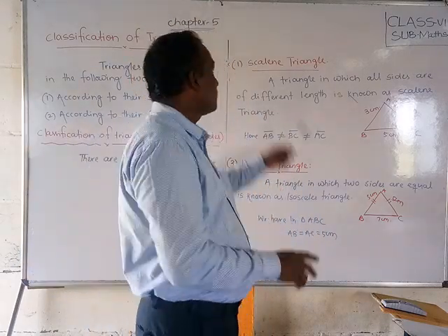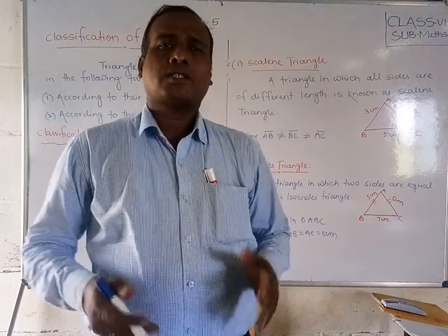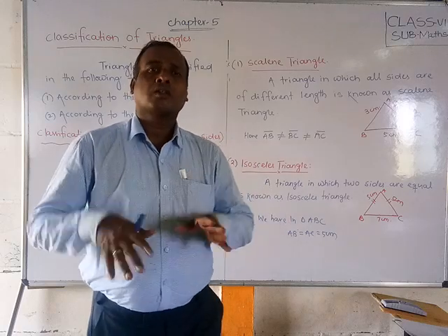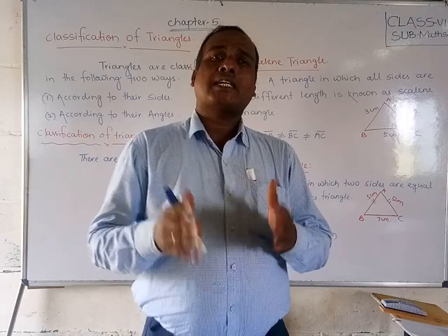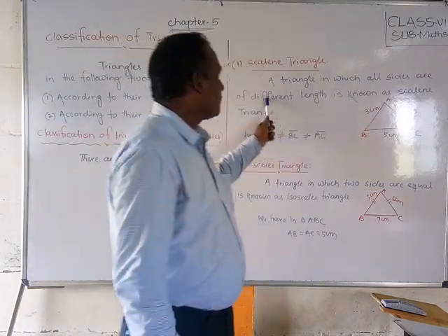First, what is the scalene triangle? Scalene means no two sides are equal, or we can say a triangle having all three sides of different lengths. Observe, friends, I have given triangle ABC with sides 5 cm, 4 cm and 3 cm.